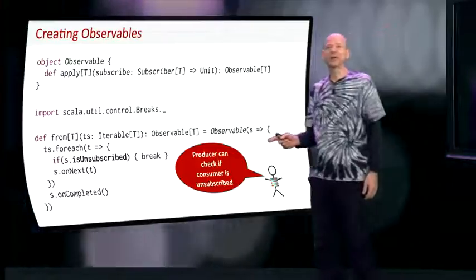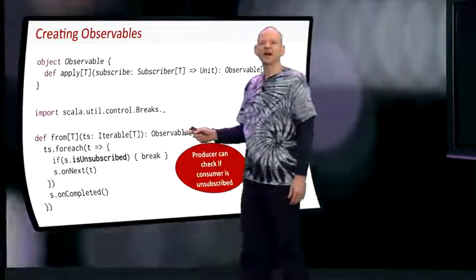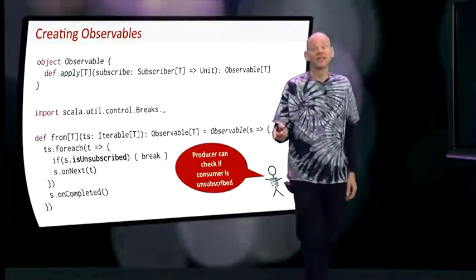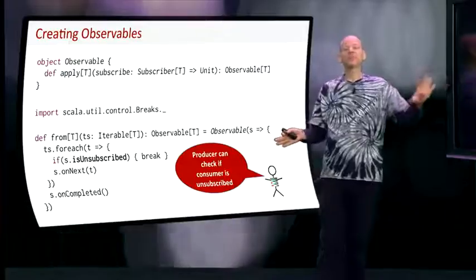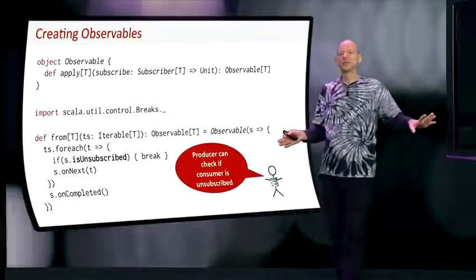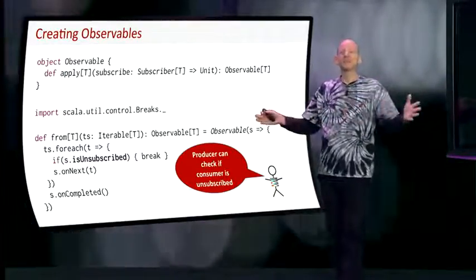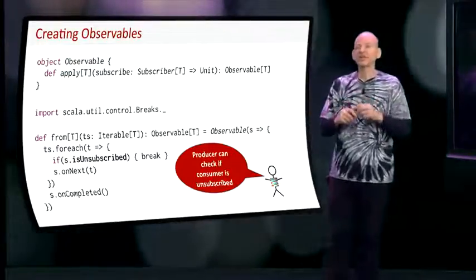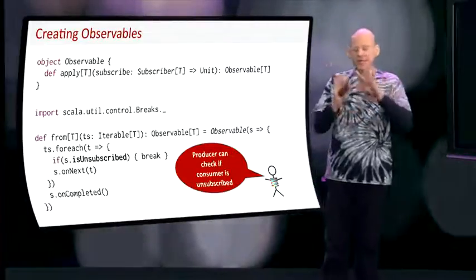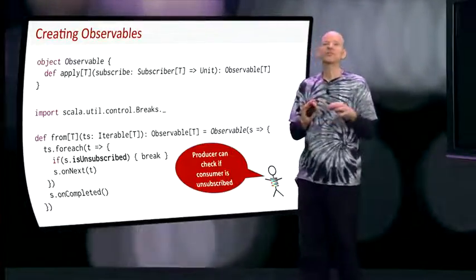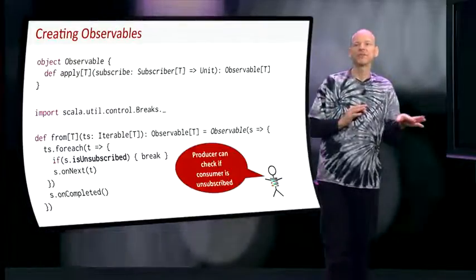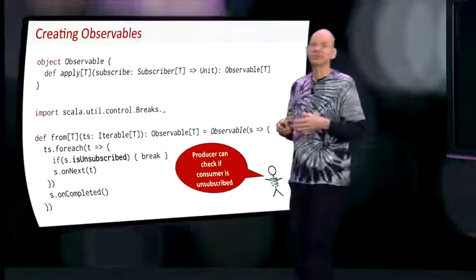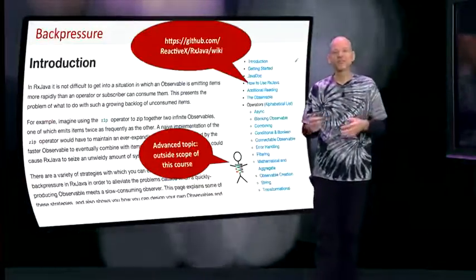Now this can lead to problems, because imagine that I subscribe to this running on a different thread. Now the consumer might be much slower than the producer, okay? And in that case, it means that we have to do unlimited buffering. For that, Rx has a notion of back pressure. Again, that's outside the scope of this course, but in the jam sessions, we will have a demo to show you how easy it is to add back pressure support in these cases.